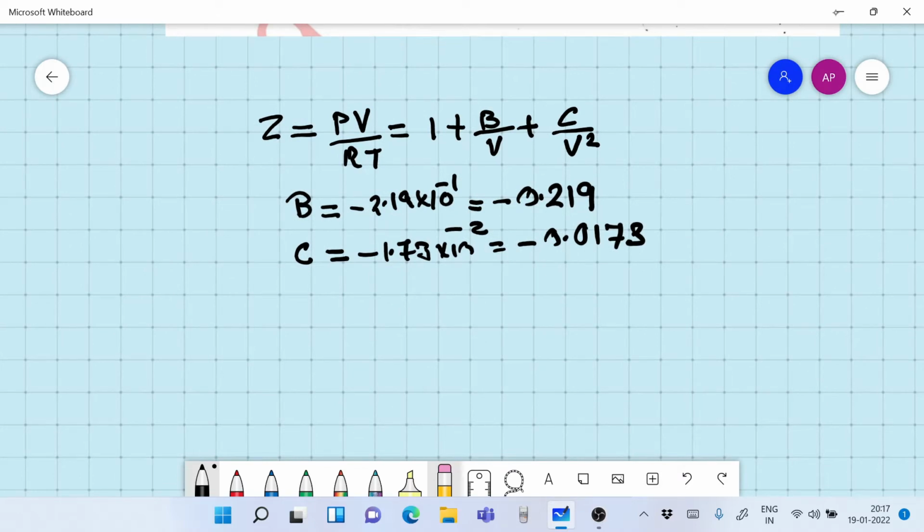Now what we do is we write the equation, and we multiply this entire equation with V square.